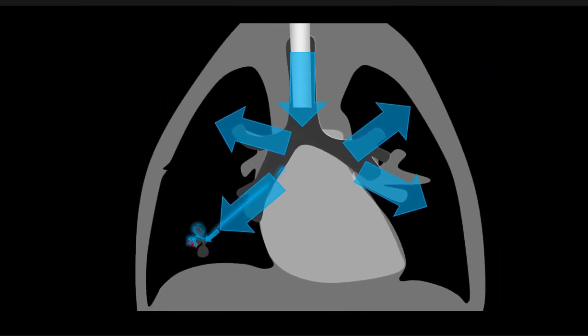It can pop, and then you'll get dissection of air along those fascial planes that goes back to the mediastinum, and then we end up with air in the mediastinum, but also dissecting along that lining into the pleura.